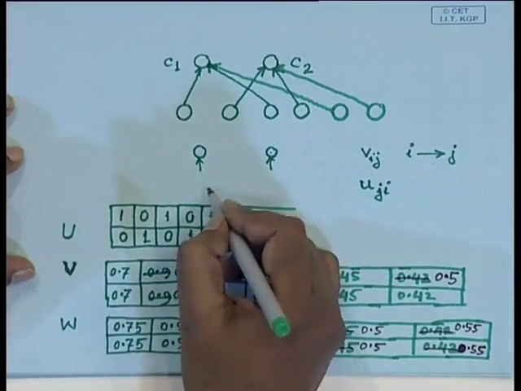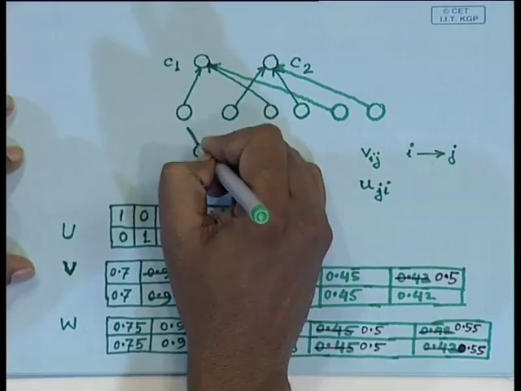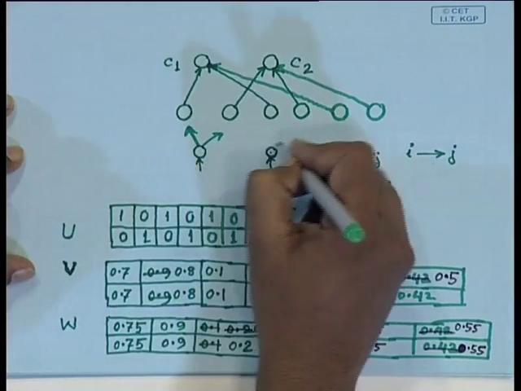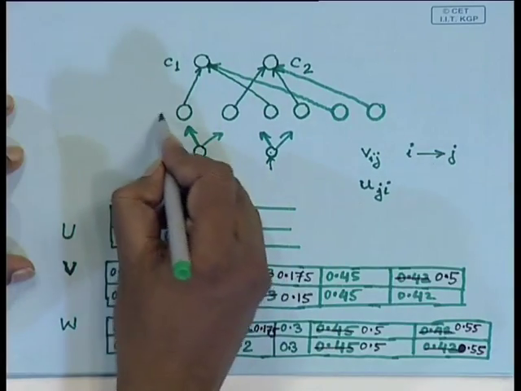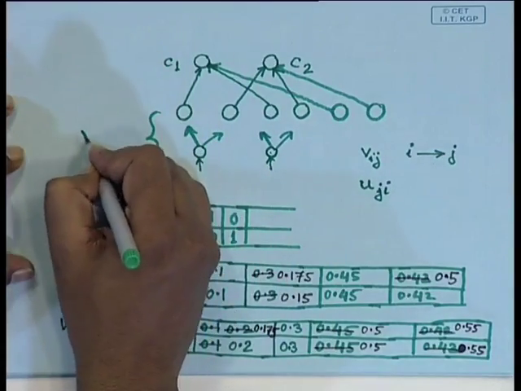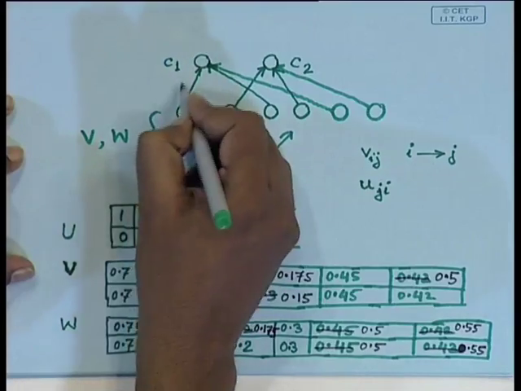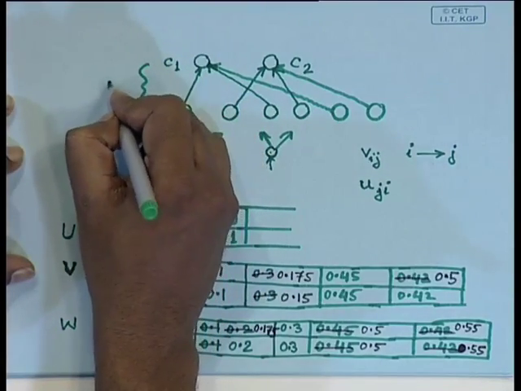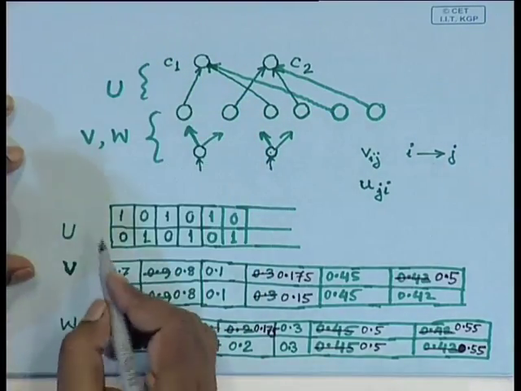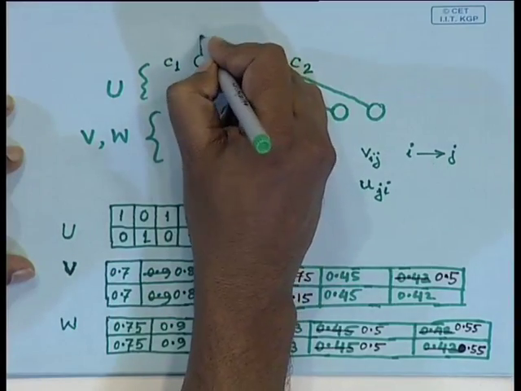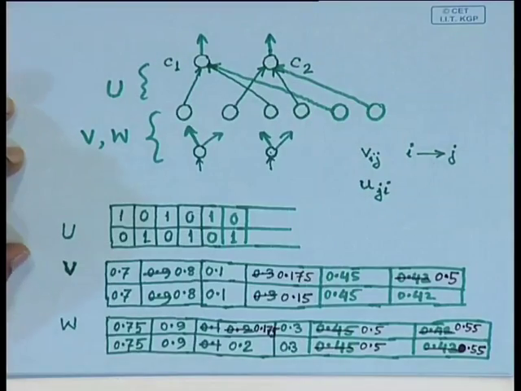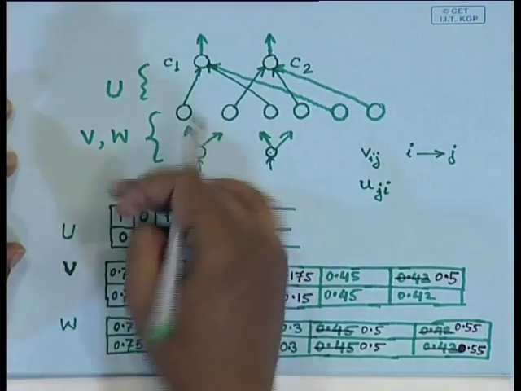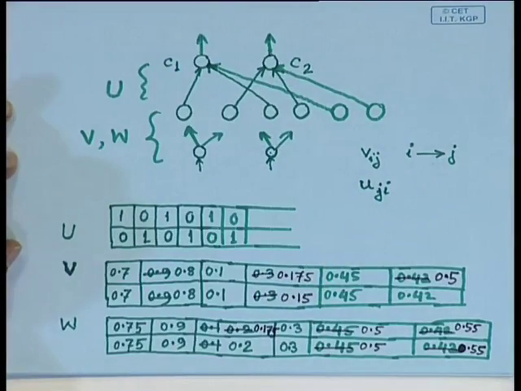Okay. These are represented by the matrices V and W, and over here the connection is represented by matrix U. And I have the final memberships computed to the two different classes C 1 and C 2, which comes from the output layer nodes. Is that okay?